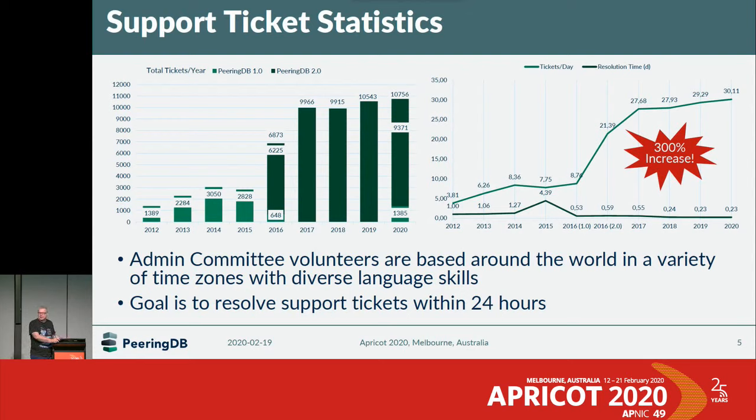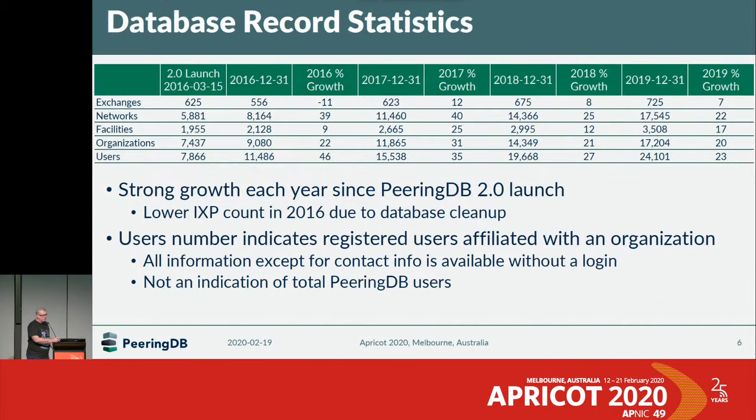And as you can see, we completely rewrote the interface and how the GUI looks, in 2016, actually on 16 March 2016, and you can see since then it has even increased, both the number of tickets and also, as we'll show later, the number of records in PeeringDB.